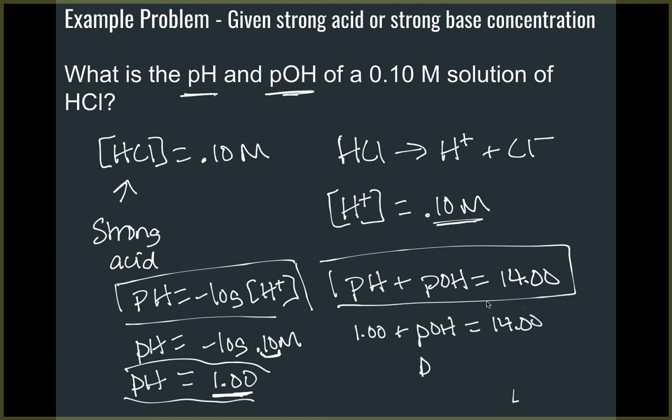So the pOH would be equal to 13.00. That would be my final answer there. And when you're doing these, take a second and do a logic check. Since we know that acids have a pH below 7 and bases have a pH above 7, and we're dealing with hydrochloric acid here, that should be a low pH. If I look down here, my pH is 1, so that makes sense.